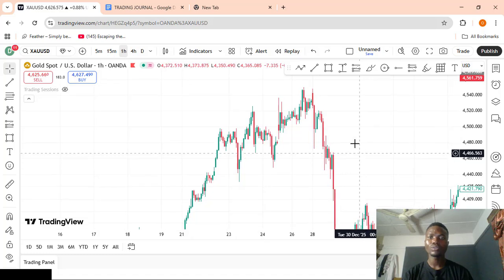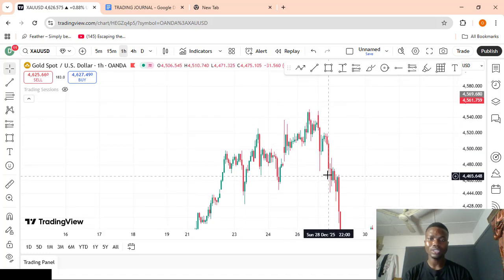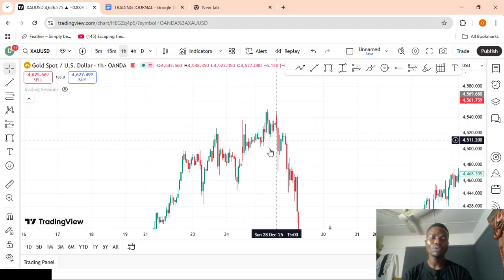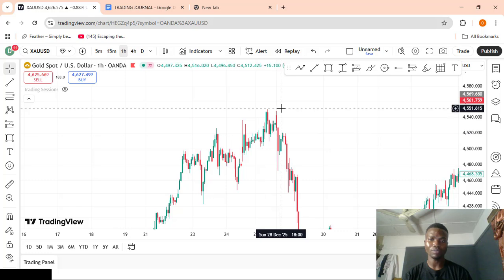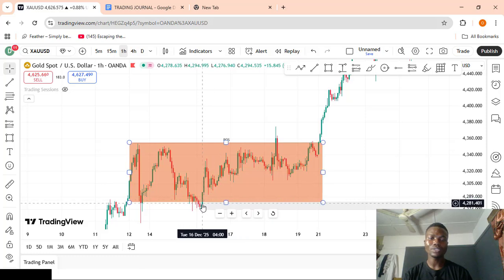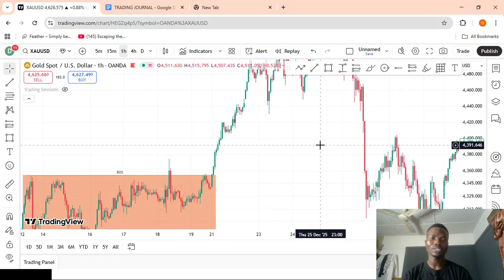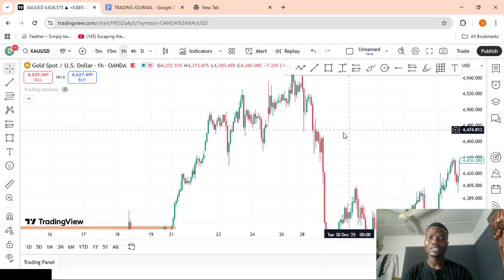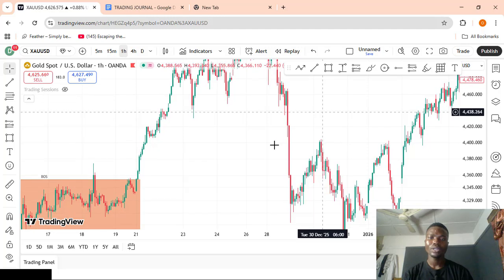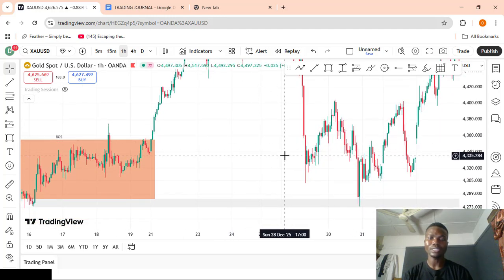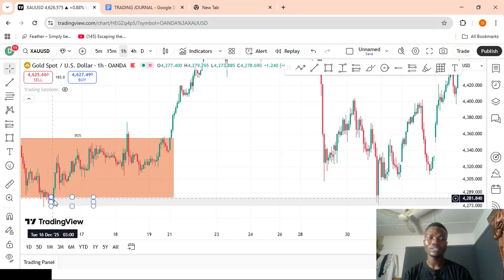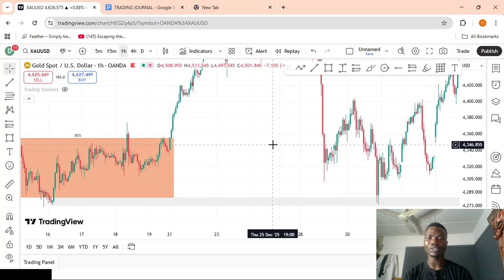What actually caused this selling downward is that the buyers did not have more fuel to continue this upward movement, so there has to be a retracement to this previous demand area before they can continue. The sellers took over the market and sold it down, and what they are doing there is that they want to come and respect this demand area again before they continue the upward movement.